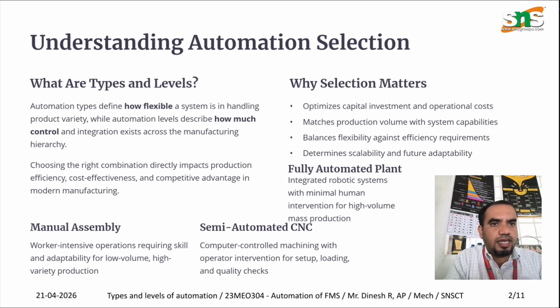Next is the fully automated plant: an integrated robotic system with minimum human intervention for high volume mass production. Nowadays most companies like Cisco, Fanuc, and Caterpillar have moved to smart manufacturing, where they reduce human intervention and it is fully automated.